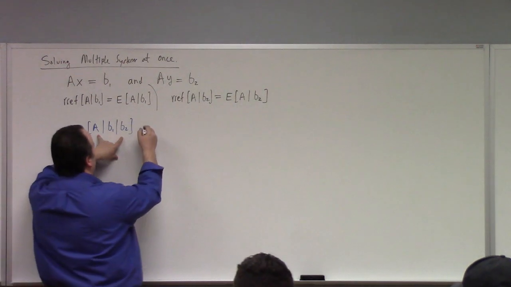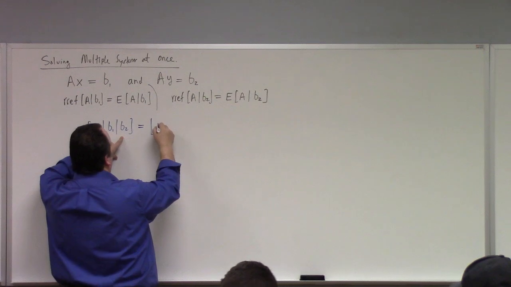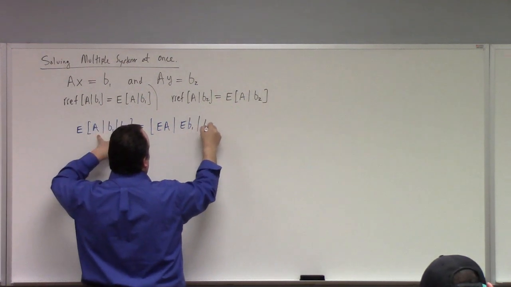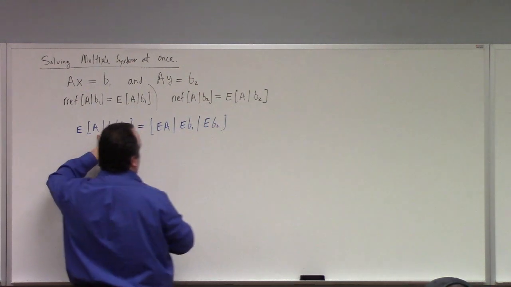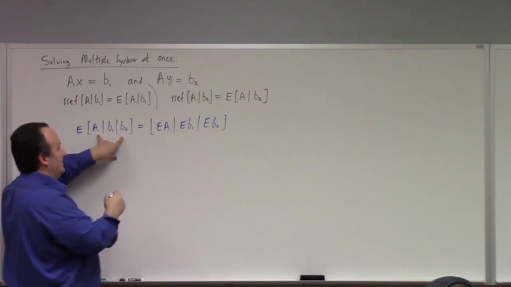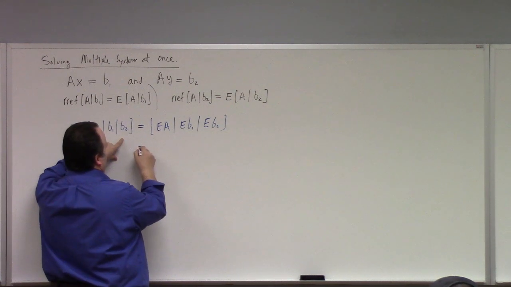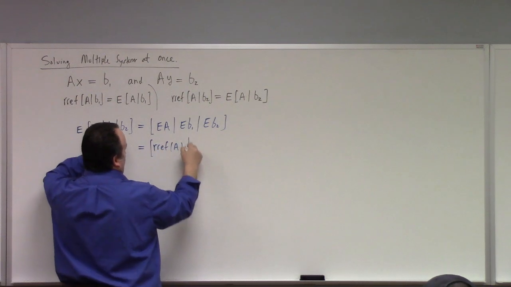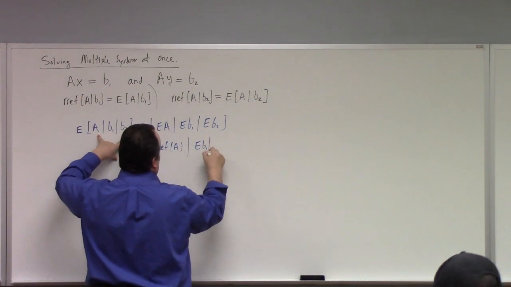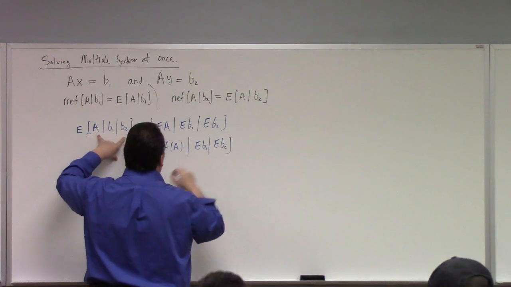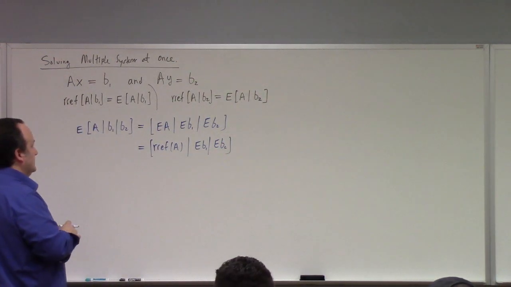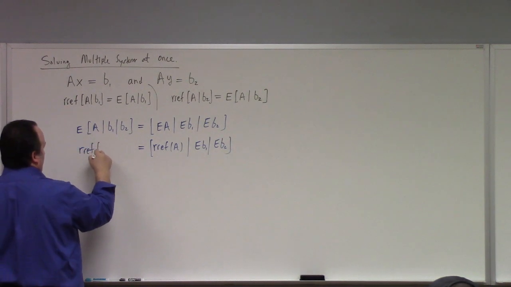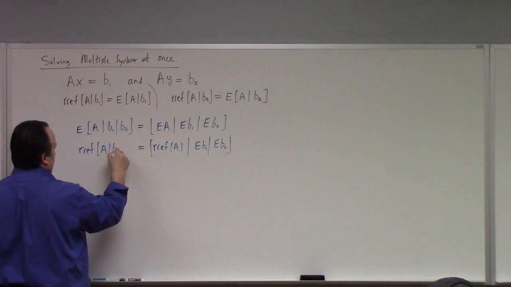Well, then there was a rule of matrix multiplication, the column by column rule, which said that this is EA, EB1, EB2, right? But this is actually the reduced row echelon form of A with EB1 and EB2, right? And on the other hand, this is the reduced row echelon form of this matrix.